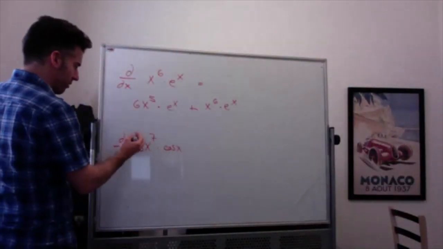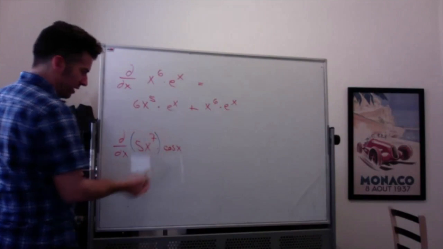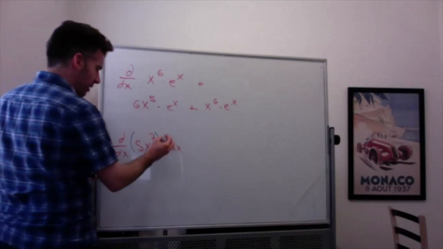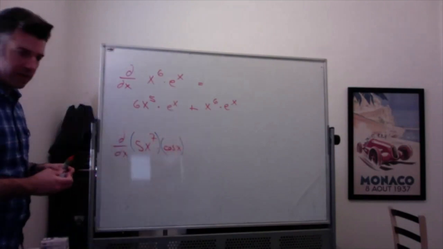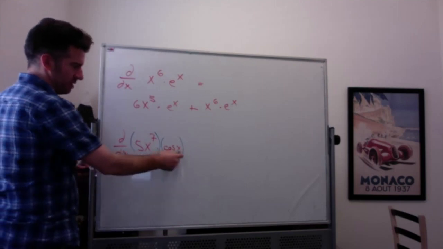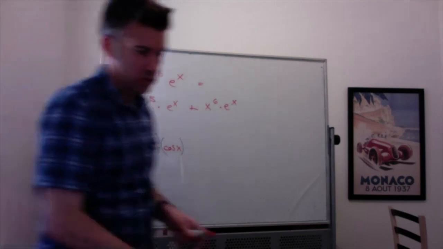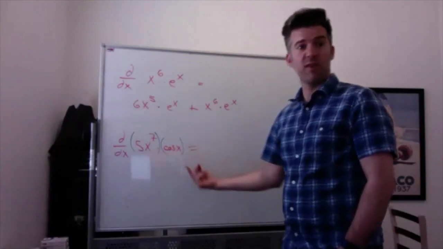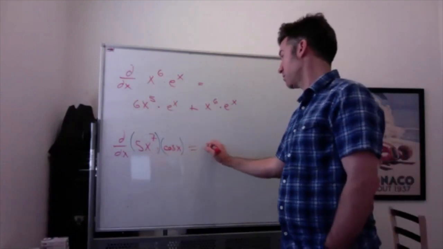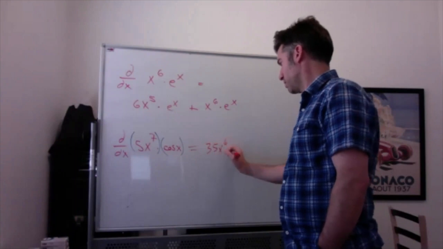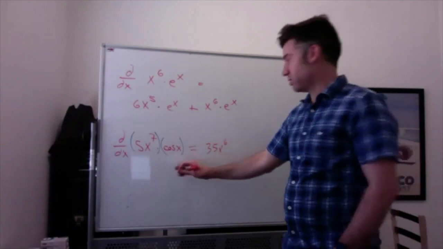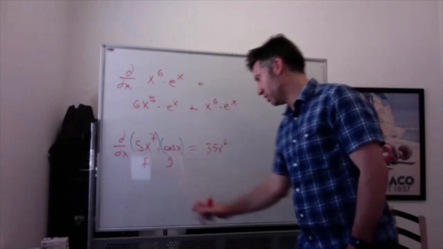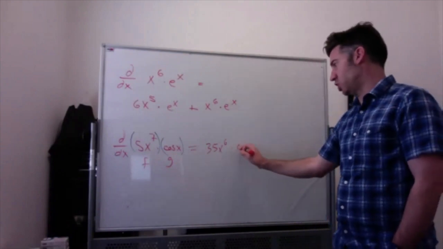So I'm thinking of this as one of the things multiplied together, and this is the other piece. This is my f and this is my g. So my derivative here is f prime, which is going to be 35x to the 6th, times the g. There's f prime times g.